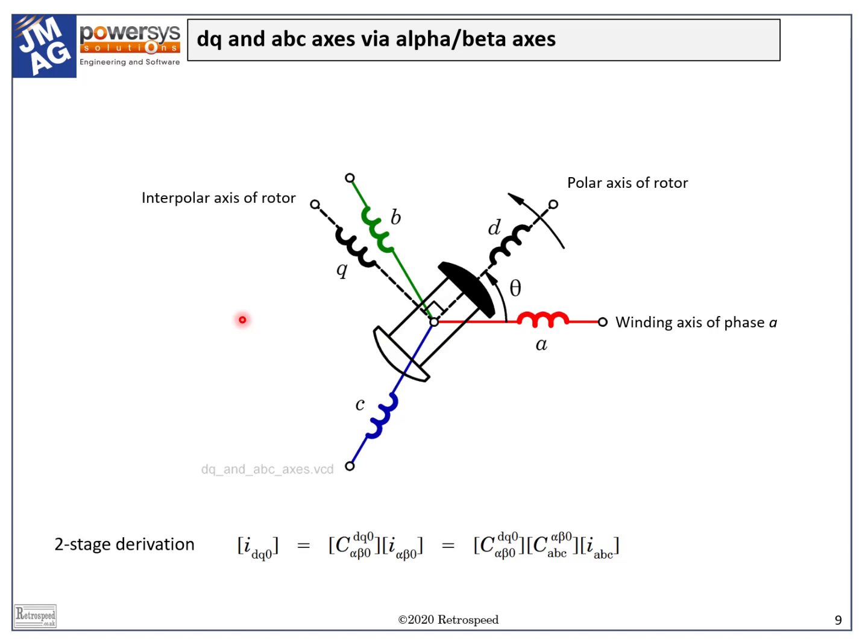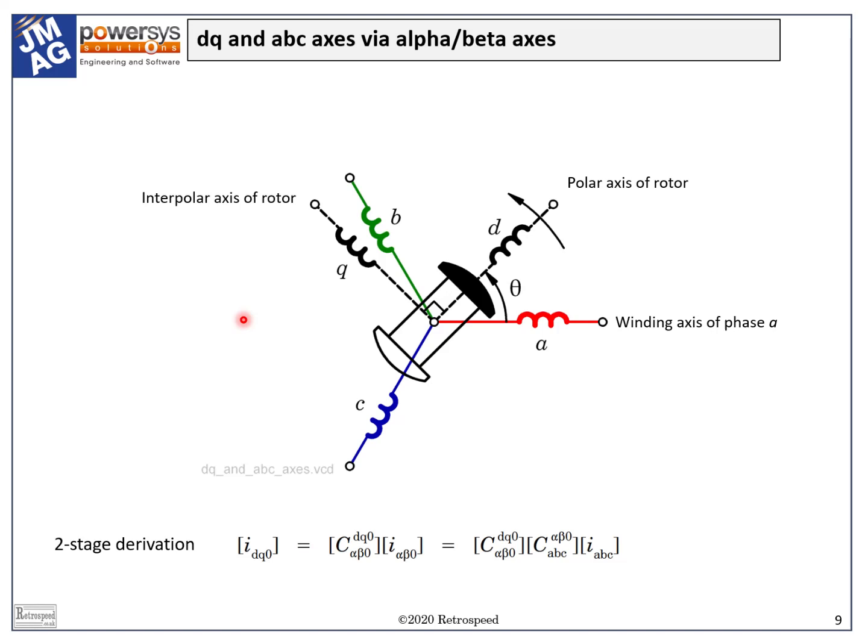In the space vector diagram, we started with a reference frame for the stator and one for the rotor, and transformed everything into one reference frame by means of the transformation e to the j beta, which we called a projection. In this diagram also there are two frames of reference, dq and abc.